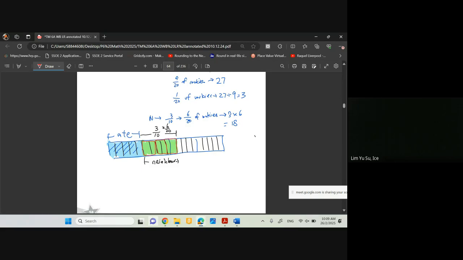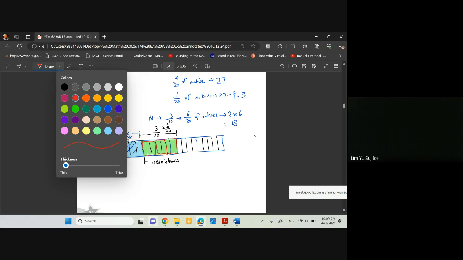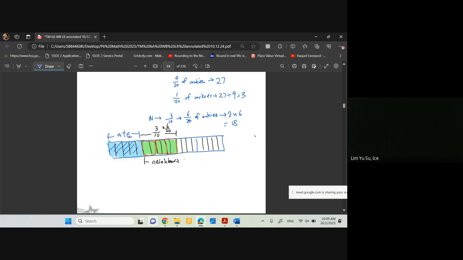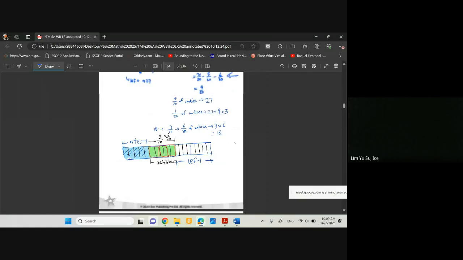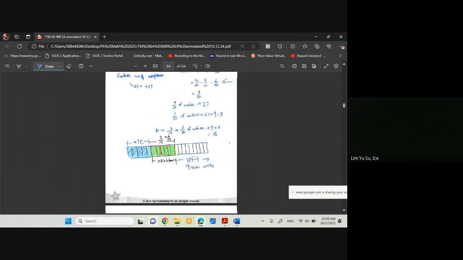Looks a bit complicated. So left over how many units? 9 mini units. Then for the model drawing, you get the same steps in the end. 9 mini units is 27.